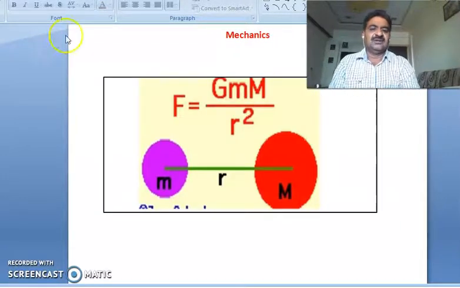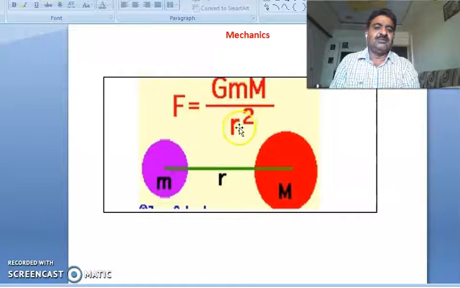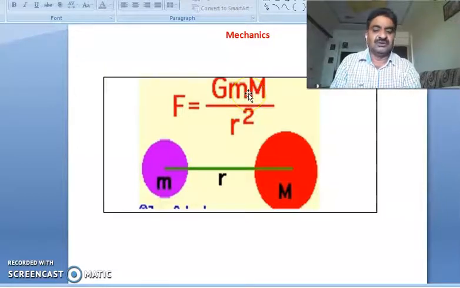That is G M m by R square. G M by R square is nothing but small g. That F is equal to small g into m, m into g. This is the force exerted on the body which is on the surface of the Earth.